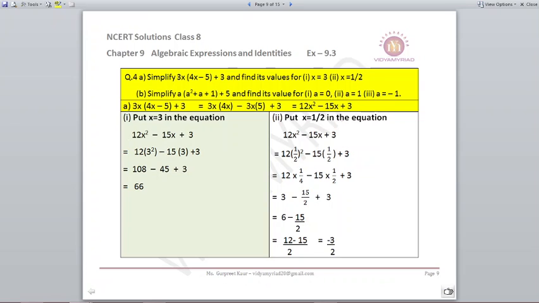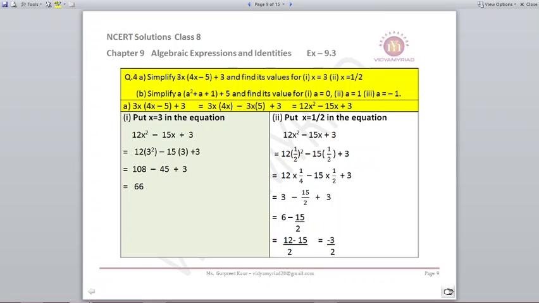Same way in the second case, using the same equation 12x square minus 15x plus 3, we will now put x as 1 by 2. It becomes 12 multiplied by 1 upon 2 raised to power 2 minus 15 into 1 upon 2 plus 3. Solve it. You need to take the LCM for this. You will get your answer as 3 upon 2.